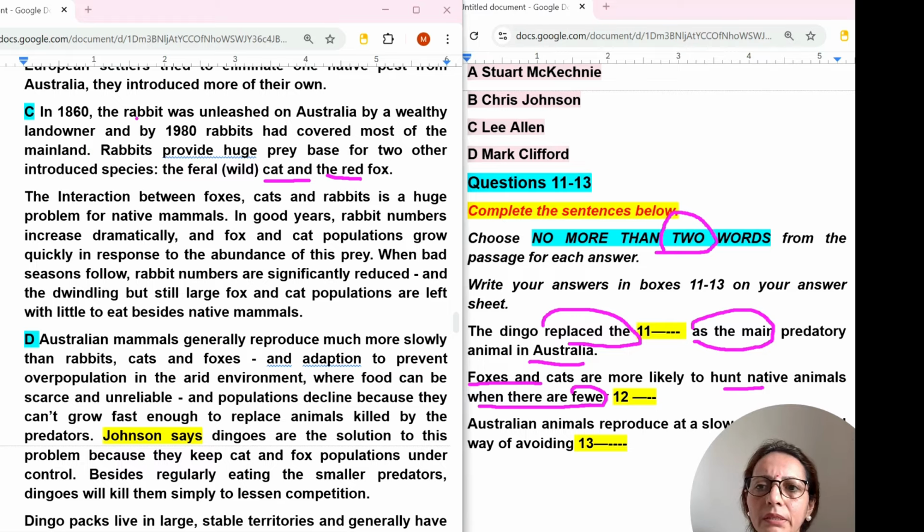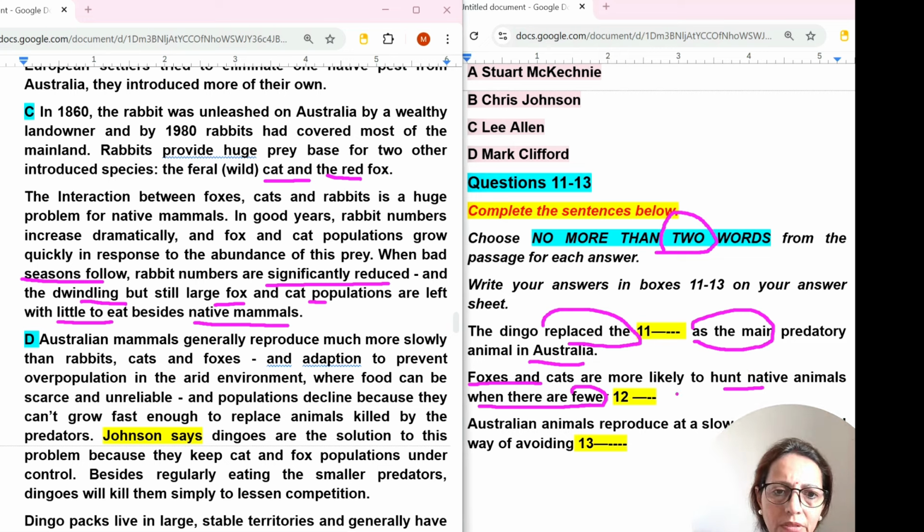Rabbits provide a huge prey base for other species. The interaction between foxes, cats and rabbits is a huge problem for native mammals. In good years, rabbit numbers increase dramatically and fox and cat populations grow quickly in response. When bad seasons follow, rabbit numbers are significantly reduced, but still large fox and cat populations are left with little to eat besides native mammals.